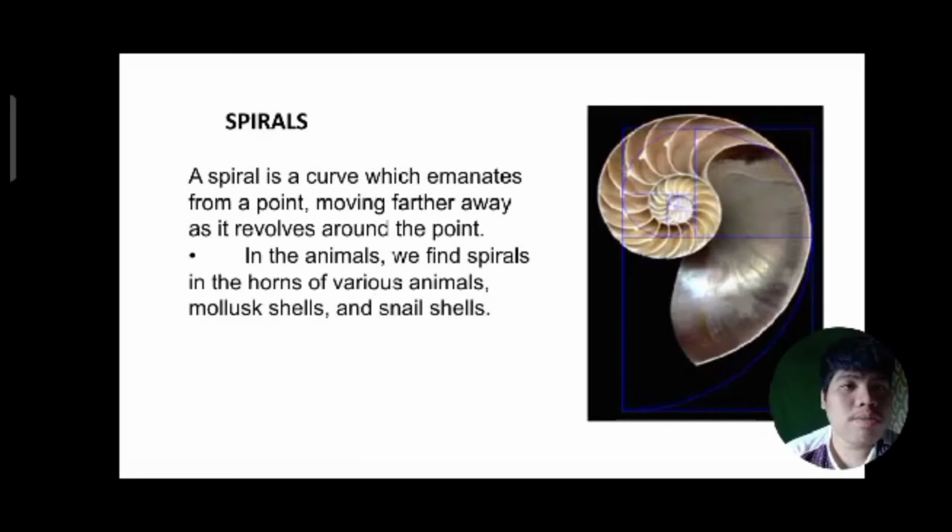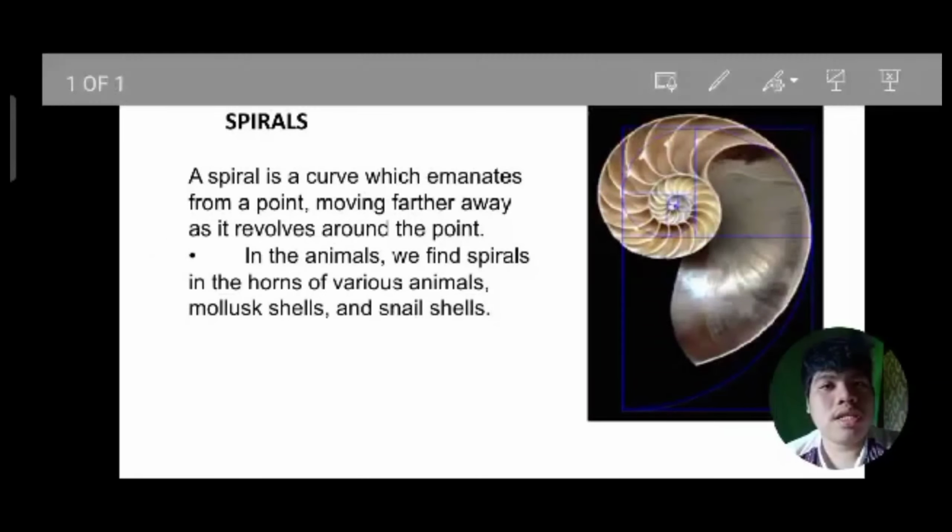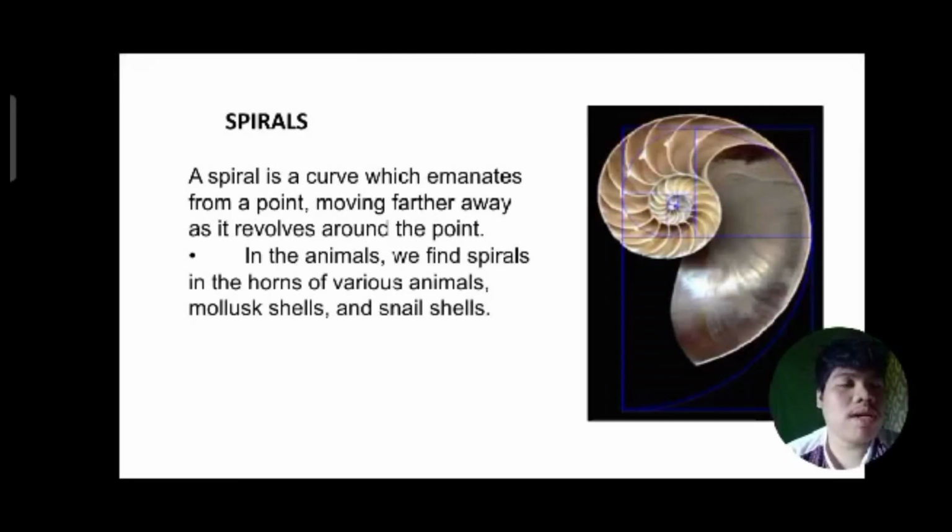So this is the point of origin, and then the point needs to move further away around the point with a specific distance and degree, and then you can create a spiral. So that is the spiral form of the shell on the right side of your screen.